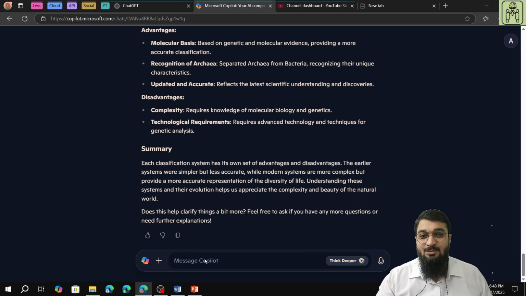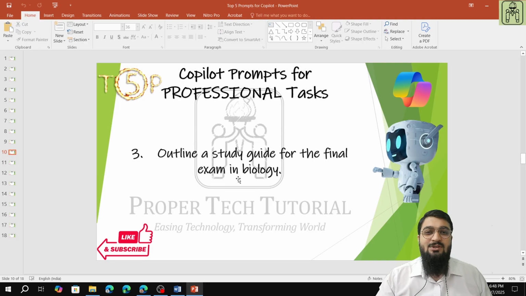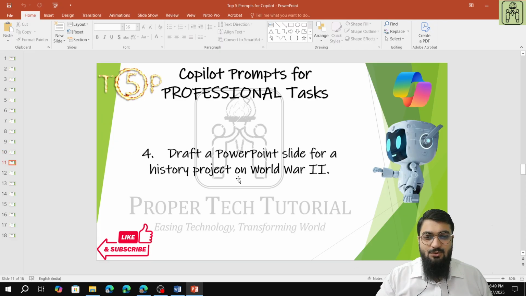And then there is a summary. So very nice. This was the third category of prompt which you can use in order to study any topic. You can play with the prompts, do hit and trial, and you will understand which type of prompt is the best for you. Just copy it, save it in a notepad file, and use it for any topic which comes in the future.